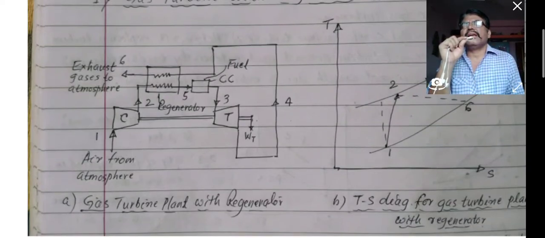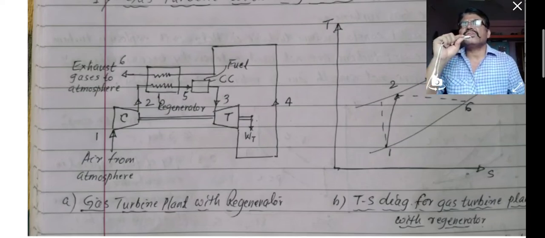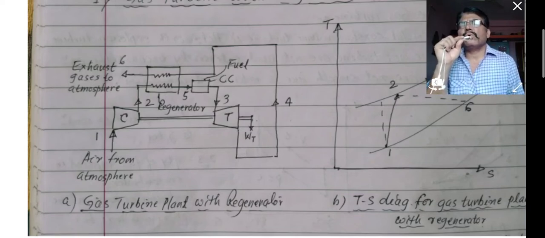Once again, the exhaust comes to the heat exchanger or regenerator, and again it generates power, and that is the whole meaning of a gas turbine plant with a regenerator.